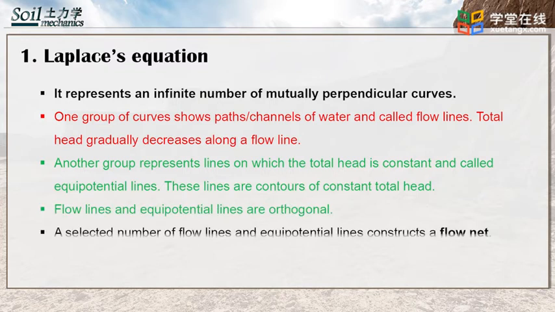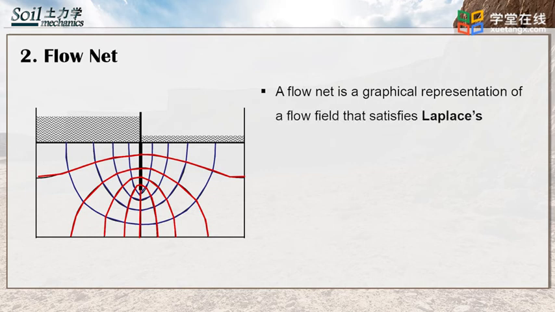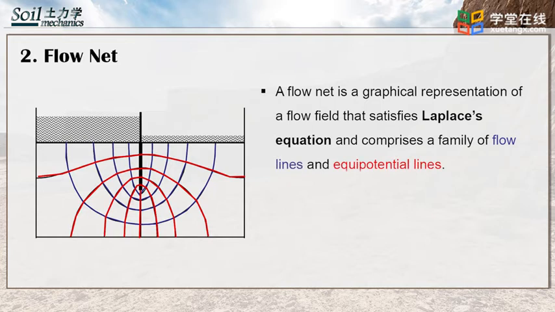A selected number of flow lines and equipotential lines construct a flow net. The figure opposite shows a typical flow net. It is a graphical representation of the flow fields that satisfy the Laplace equation and comprises a family of flow lines and equipotential lines.